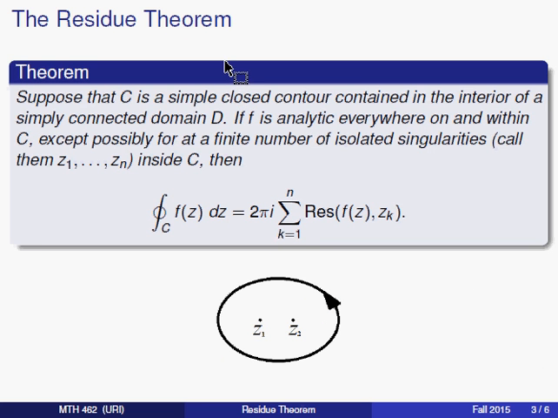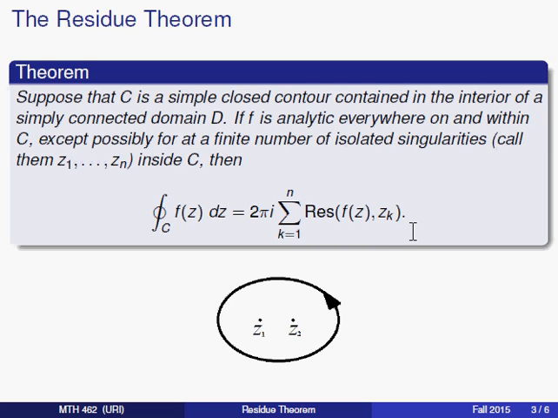Suppose that C is a simple closed contour contained in the interior of a simply connected domain D. If f happens to be analytic everywhere on and within the contour C, except possibly for at a finite number of isolated singularities inside C, then the integral of f around C is going to be equal to 2 pi i times the sum of the residues of the function at those singularities.